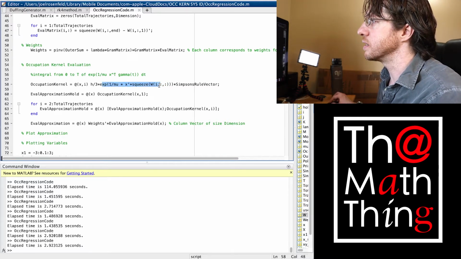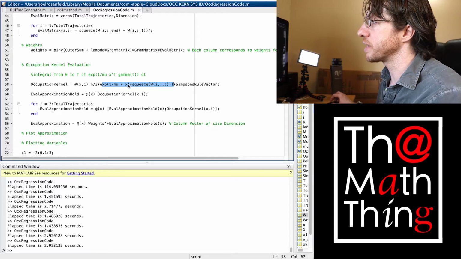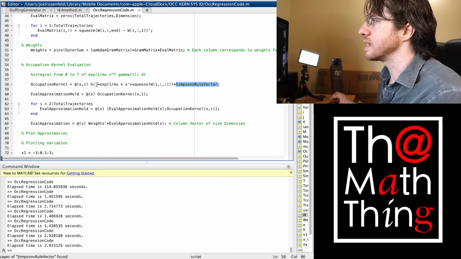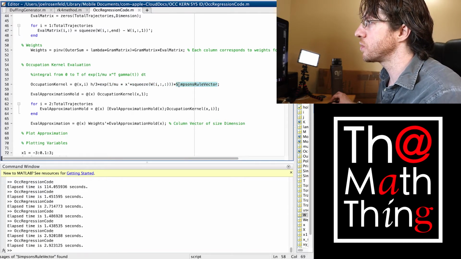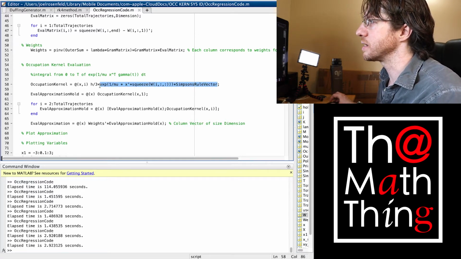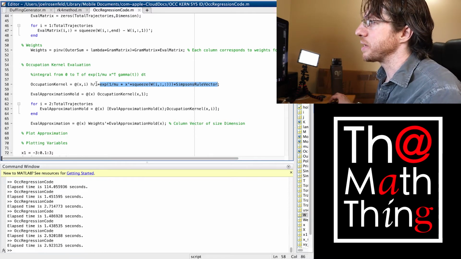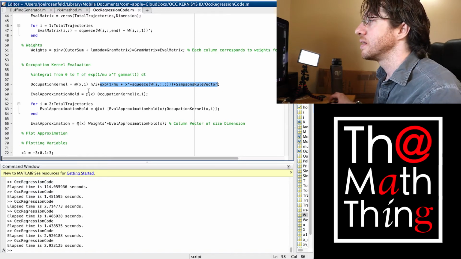This gives us a big vector of the kernel function evaluated at all these points, and then we multiply by a Simpson's rule vector. This is a row and this is a column, so when we multiply these two together we end up with a sum, and then multiply by h over 3, and that does the integral.